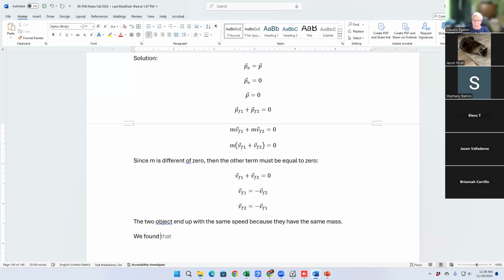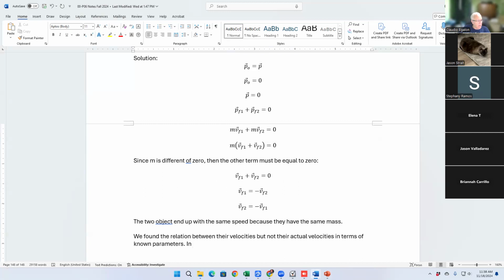We found the relation between their velocities, but not their actual velocities in terms of known parameters. So there is something missing here.